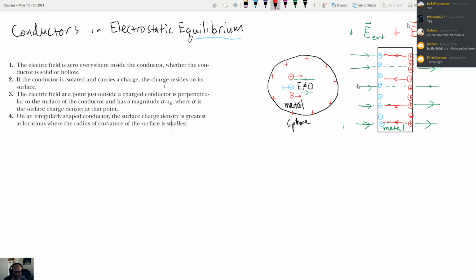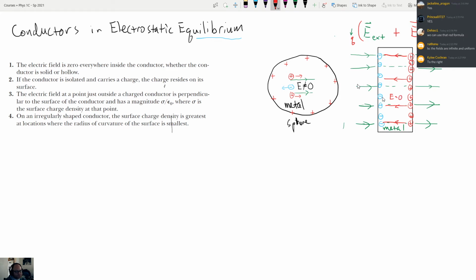This is exactly like what I'm teaching in my 1A class right now, because in 1A we're talking about equilibrium. In physics 1A, what do you have to have for equilibrium? Net force is 0. Well, this is the same idea if you just multiply by charge, right? Because Q times E is force. So the net force on all the charges inside is 0, and as a result, the electric field inside ends up being 0.